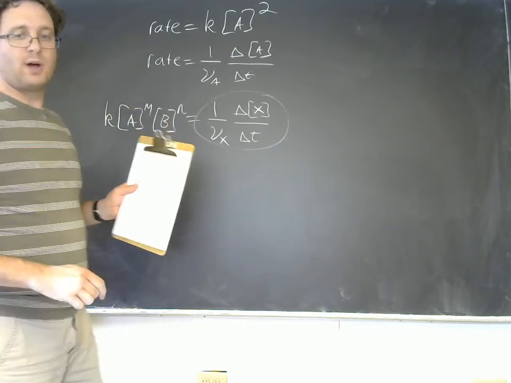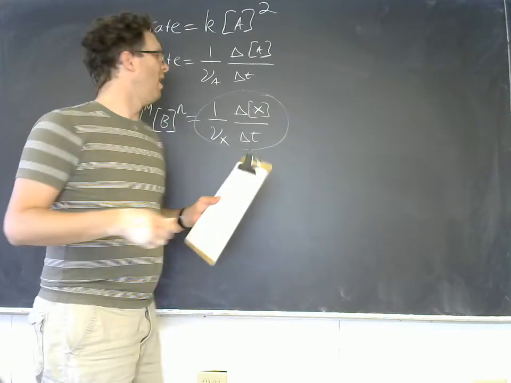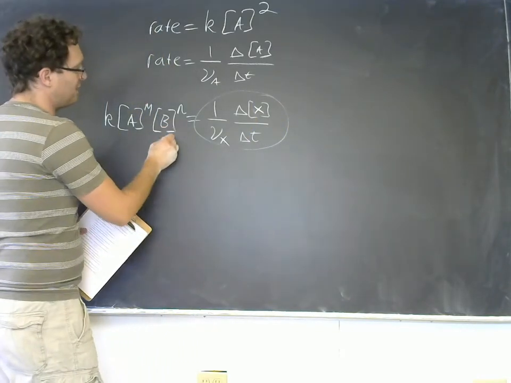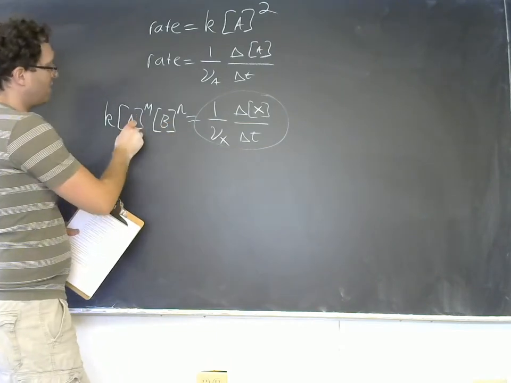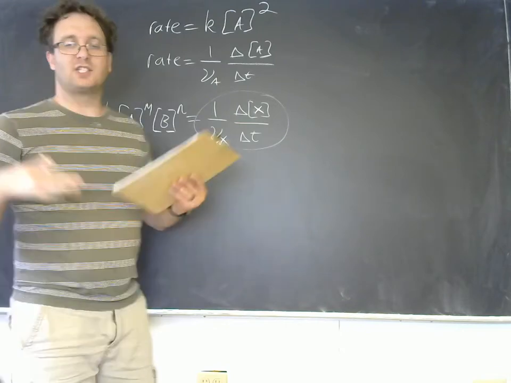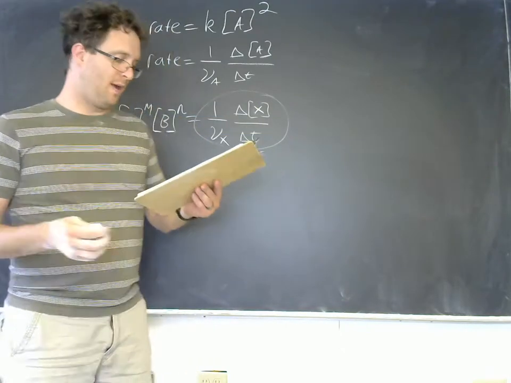What we'll want to do is carefully select two different conditions where maybe your concentration of B is the same in both cases and the concentration of A is changed by some regular amount, like maybe it's doubled.